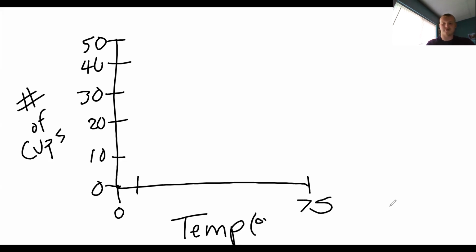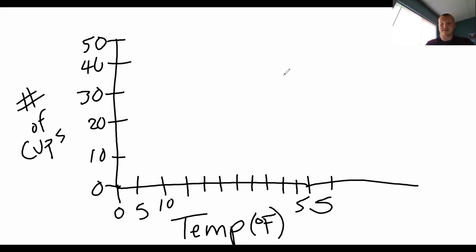Then from there, I'm going to count by fives, since it goes to 75. 5, 10, 15, 20, 25, 30, 35, 40, 45, 50, 55, 60, 65, 70, 75. Okay. So that is how I would draw my graph, and then I would plot all the points.